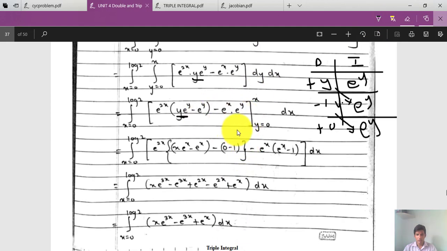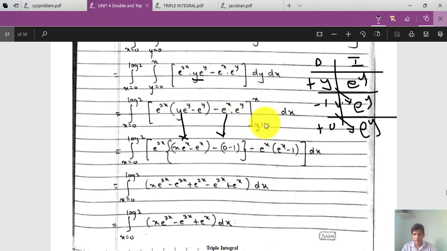Now evaluating it, upper limit minus lower limit. Here if I substitute x for y, this turns out to be the upper limit, minus the lower limit for this particular thing. And then again if I substitute for this particular thing, upper limit minus lower limit.